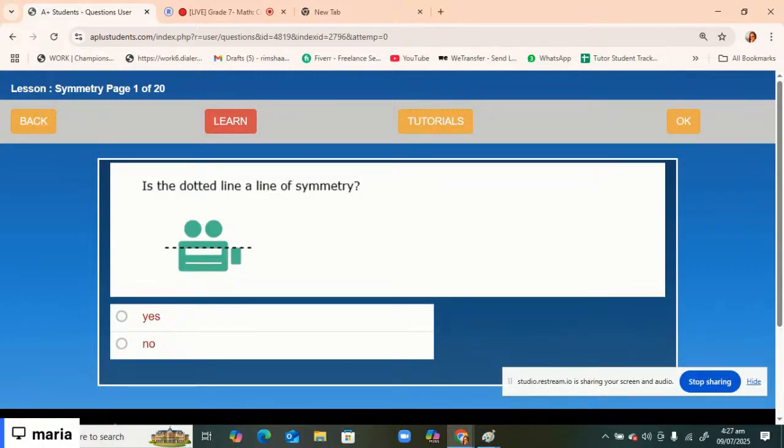So is this dotted line a line of symmetry? Everyone tell me in the chat please, does this show a line of symmetry, yes or no?